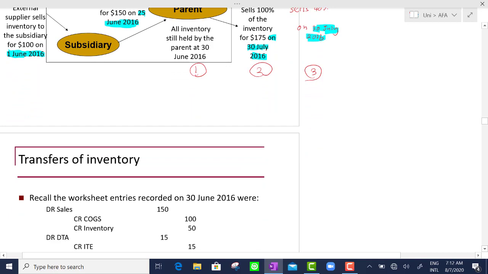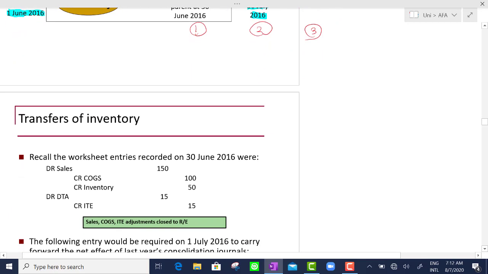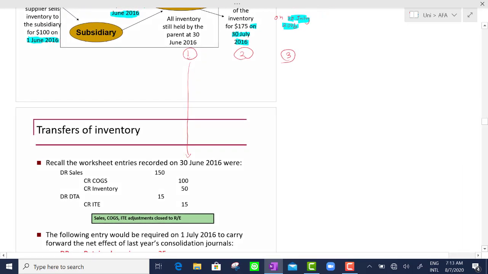Okay. Now remember this original example. Now this is the worksheet entries recorded on 30th June 2016, which is applicable to the first situation. Let me write it again. If you can remember, we removed sales 150. Let me zoom out a little bit. Right?